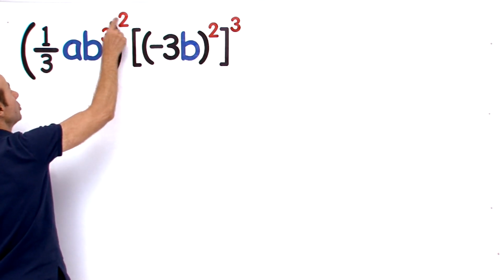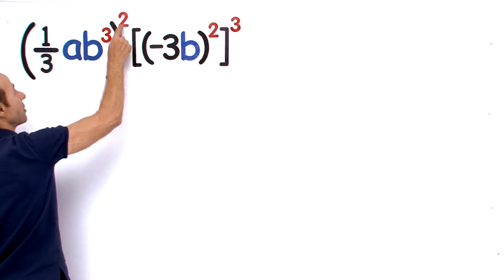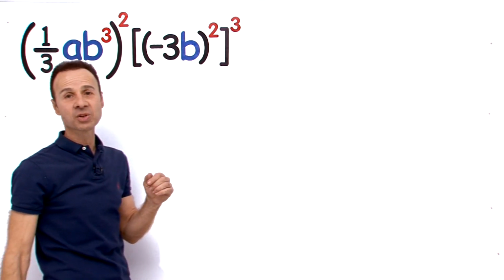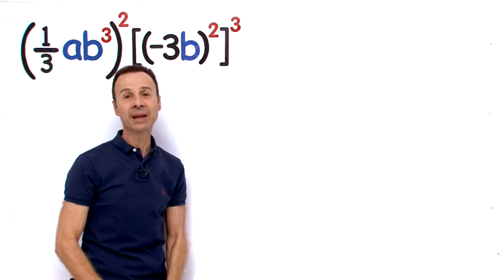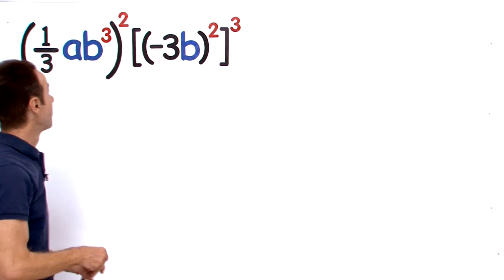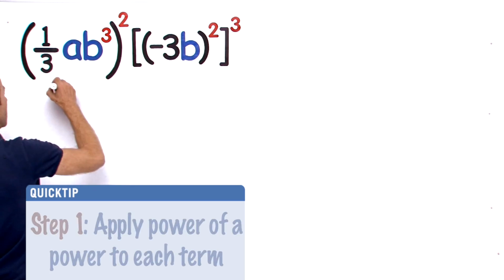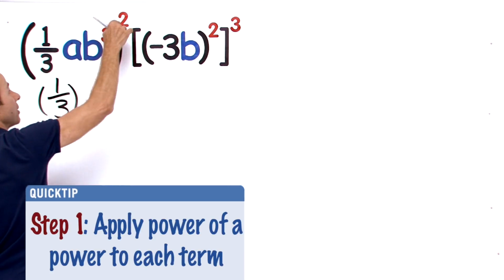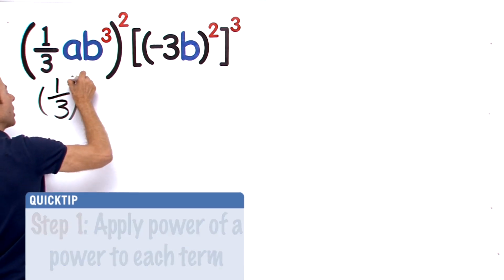So I'm going to apply the 2 to the 1/3, the 2 to the A, and the 2 to the B cubed. Everything inside individually, I'm going to apply those powers, and the same thing on the right-hand side. So let's go ahead and do that. We've got 1/3, all to the power of 2, squared right over there.